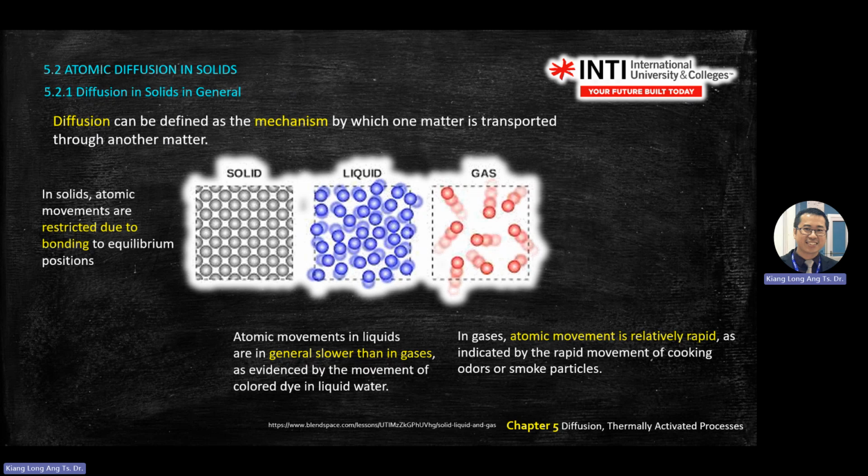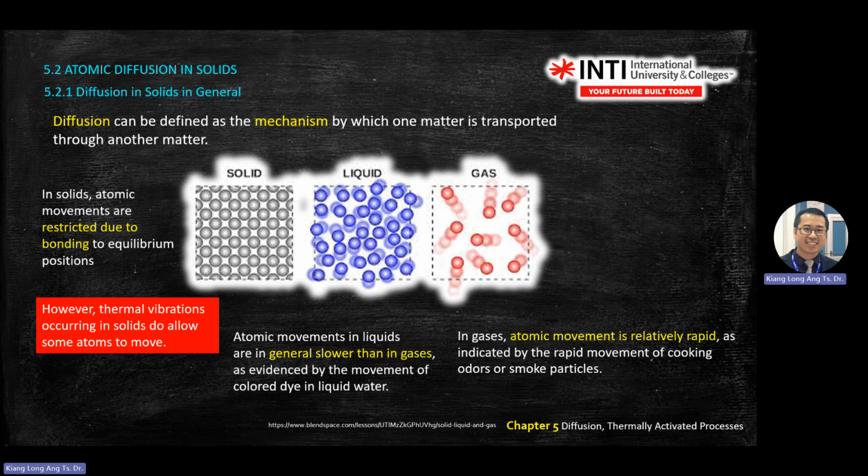Solid is very hard to move because of the bonding. So to move from solid to gas, you need to give energy to increase the vibration, to break down the structure, then it becomes liquid. From solid, liquid, gas, this one you'll see in graph form when you study phase diagram later.